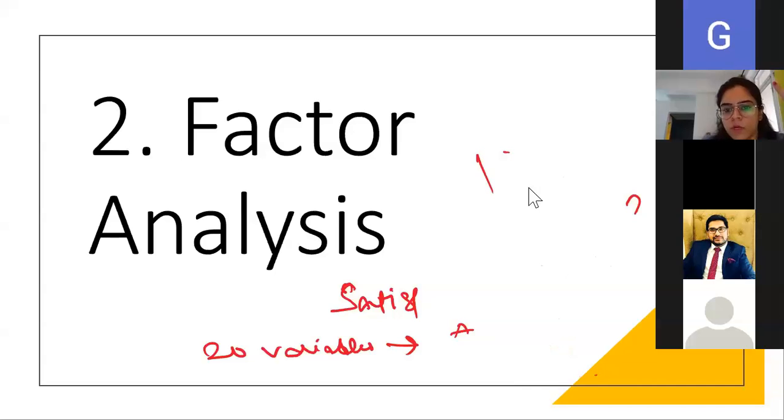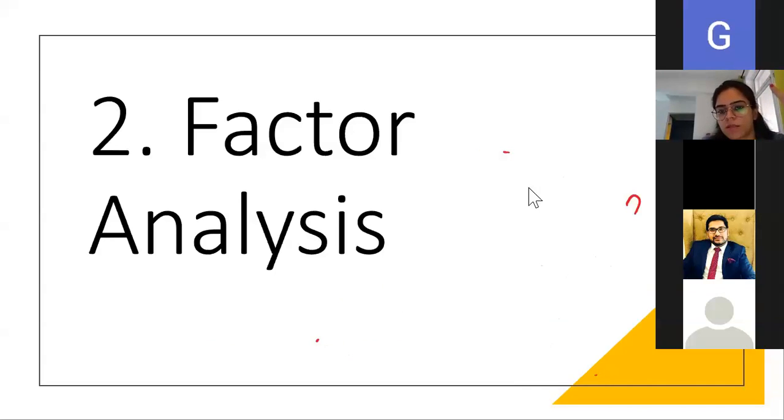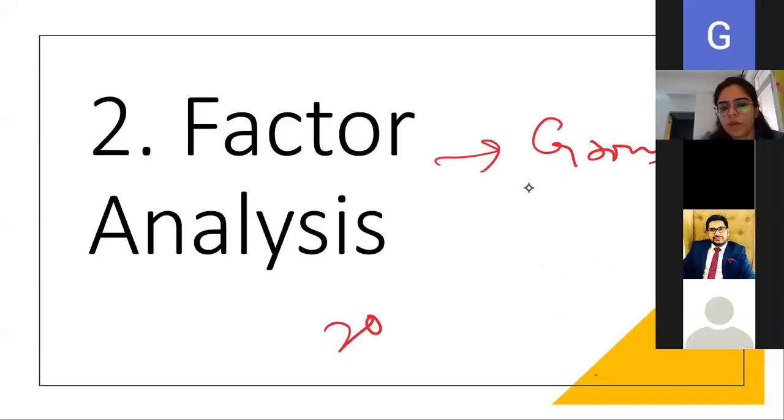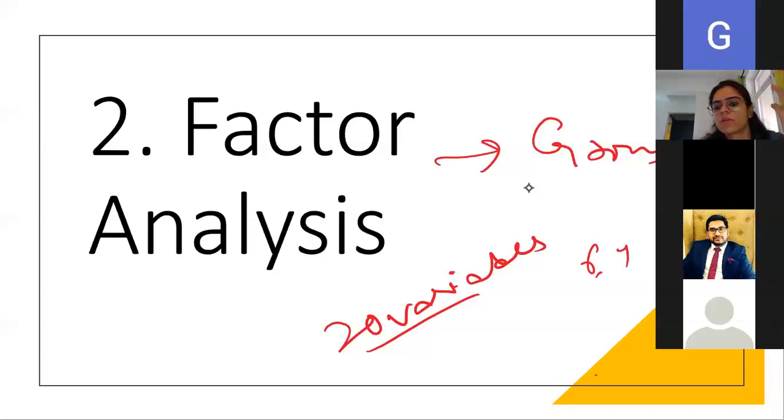ये समझ में आया what is dimension reduction, what is factor analysis? We are trying to group the variables together. If I have 20 variables, I try to see what is the correlation between them. I'll run a factor analysis on them and group them into maybe 6, 7, whatever number of factors come in my analysis.